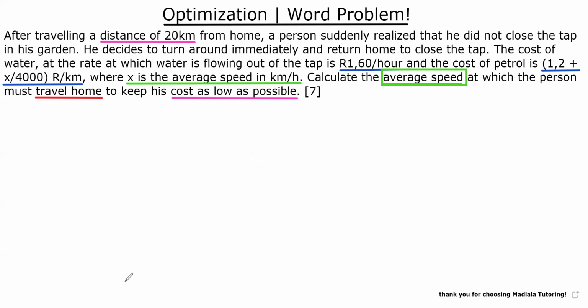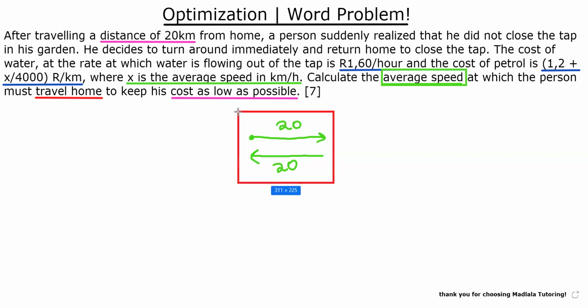Now, another thing that we realize is the fact that even though this person traveled from home to the point at which he realized, and then he moved from this point back to home, even though we understand that the total distance he traveled is actually 20 times 2, which is 40, the question itself is not interested in the entire motion.